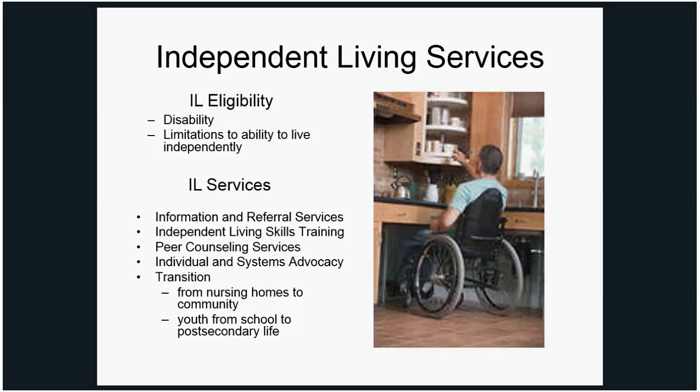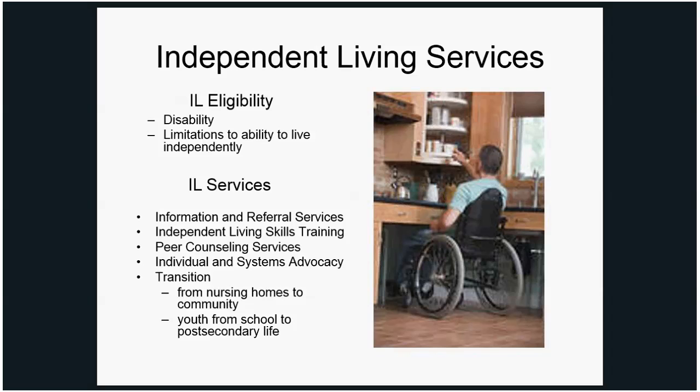The core services you see there bulleted: information and referral services, independent living skills training, peer support, peer counseling services, individual and system advocacy, and the one that was most recently added to the core services is transition, either from a nursing home to community or from youth from school to post-secondary life.